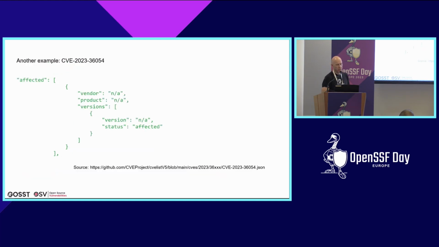Let's take a look at another vulnerability, this time one in MIT Kerberos, which is an example of some software written in C. In this case, there is no affected version information available in the CVE record. So unfortunately, this isn't actionable.